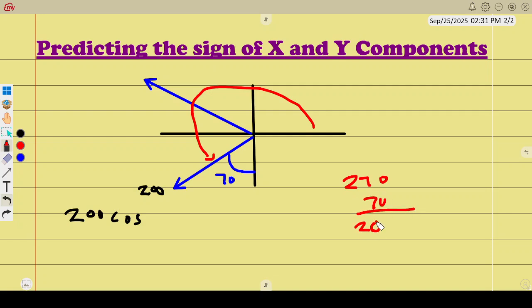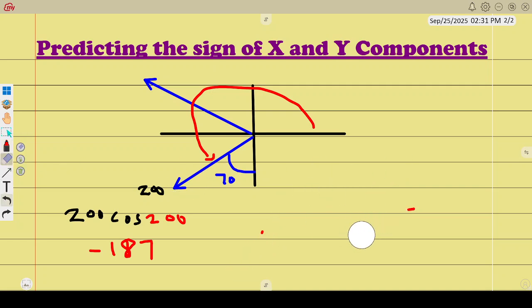I don't like the example I've used, but it's just okay. 200 cos 200. What do you get? You are going to get a negative, negative 187. My idea is just showing you that as long as a vector is going this side, to the left, it will be negative. But for the y-axis, since it is going downwards, the y component will also be negative. You have understood this. You can try 200 sine 200. You will get a negative.